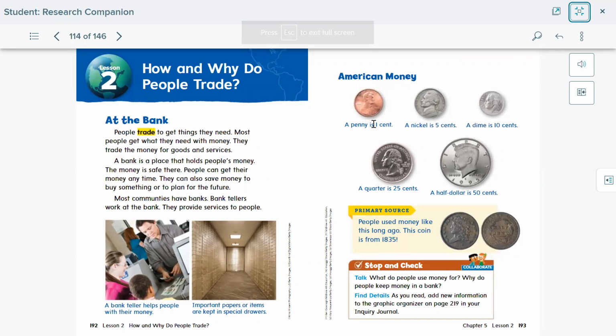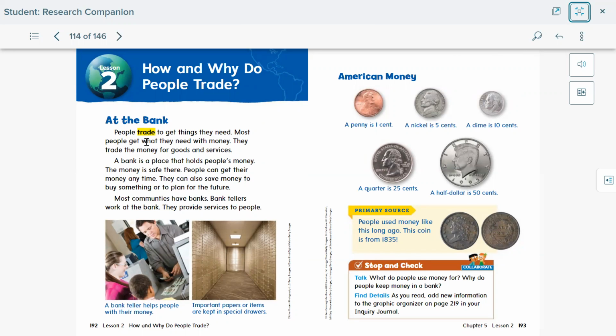All right. How and why do people trade? At the bank, people trade to get things they need. Most people get what they need with money. They trade the money for goods and services. That's when you pay the money for something you purchase or for a service that you need. A bank is a place that holds people's money. The money is safe there.